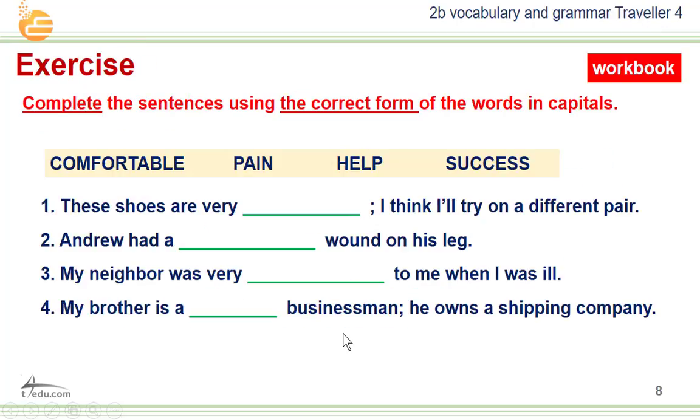Now we have another exercise. This is from the workbook. Complete the sentences using the correct form of the words in capitals. These are words in capitals. Comfortable, pain, help, success. These shoes are blank. I think I'll try on a different pair. What can we add here?